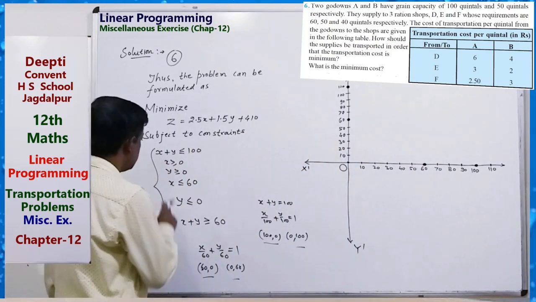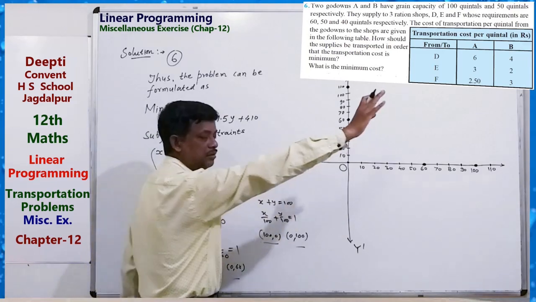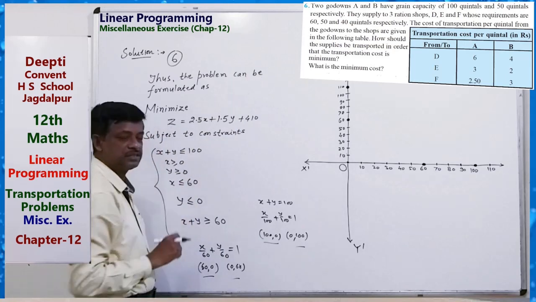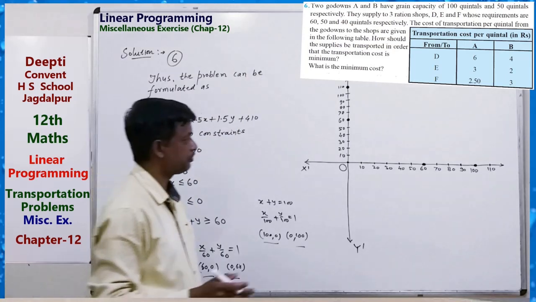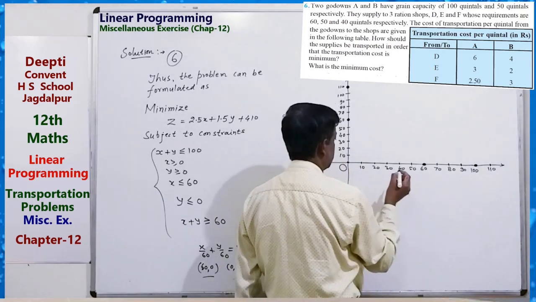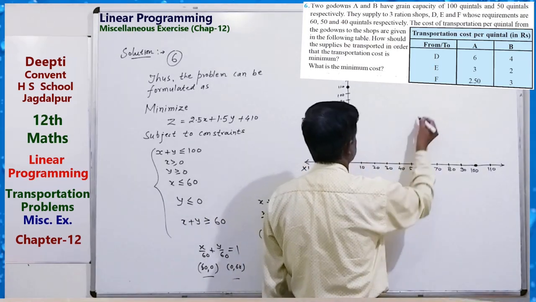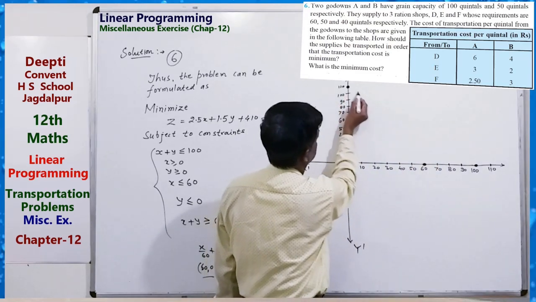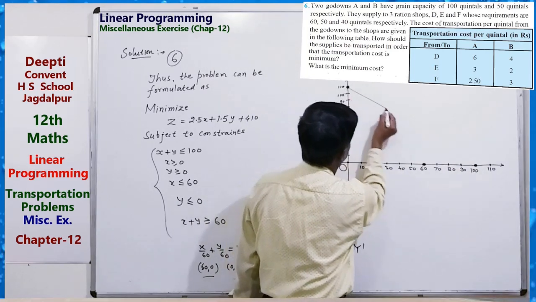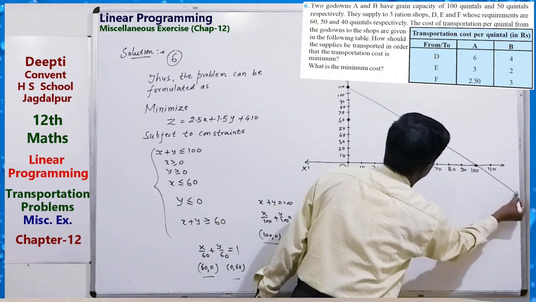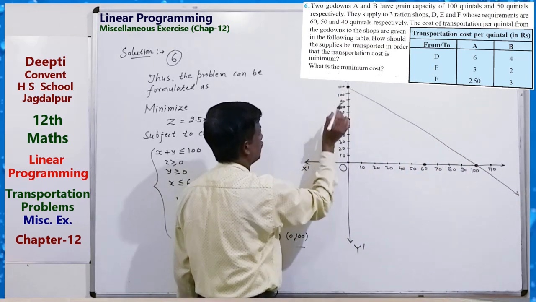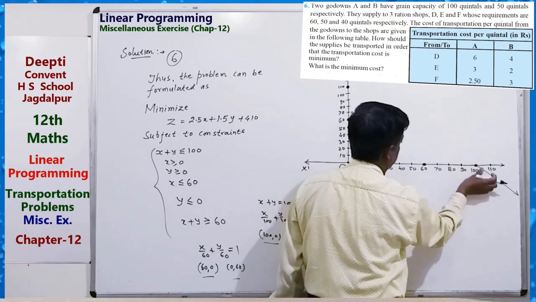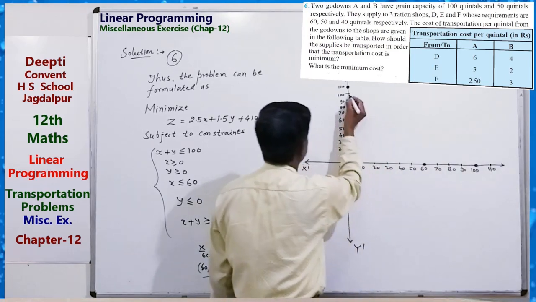Here, x greater than or equal to 0 means the right side, y greater than or equal to 0 means the upper side, and x less than or equal to 60 means we take the line x equals 60. So first of all draw the line, from 100, sorry, from here.